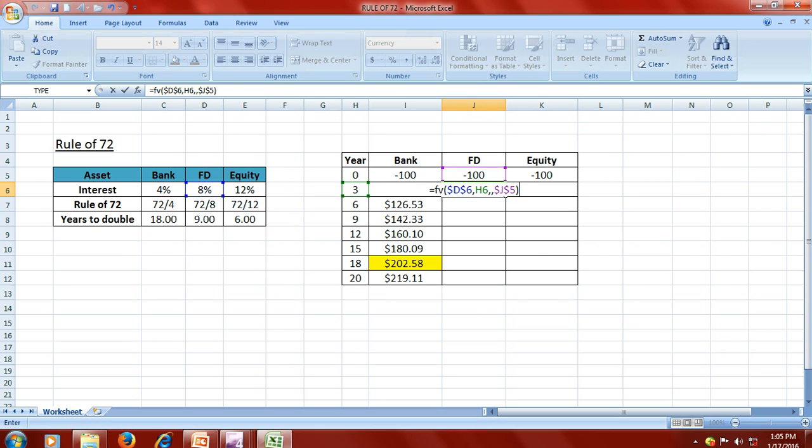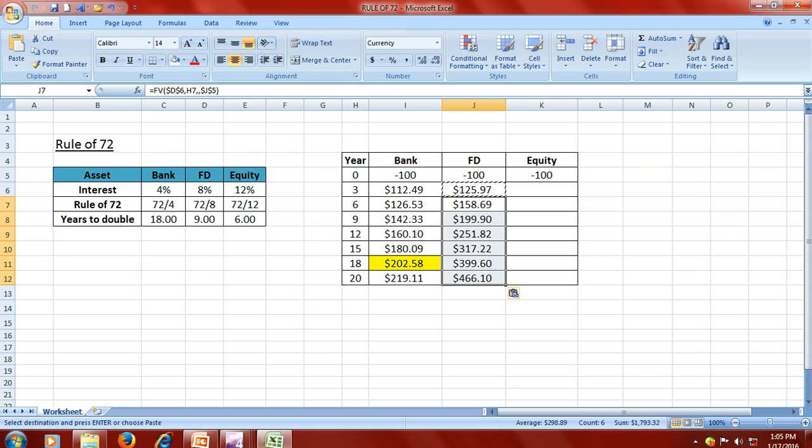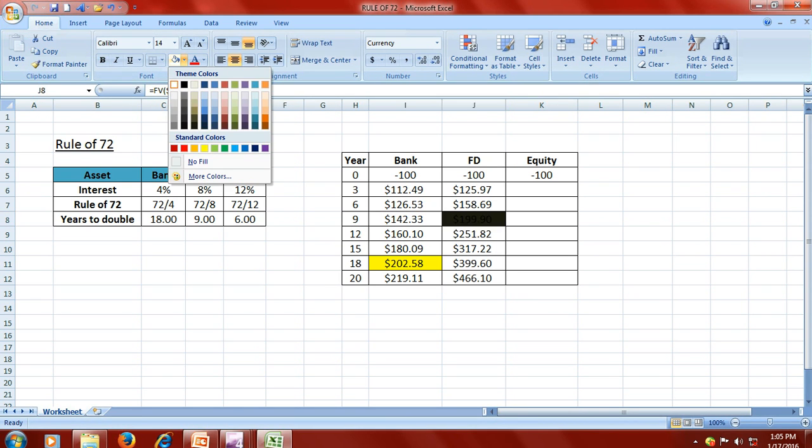Close the parenthesis. Press enter. Now you have to press Ctrl C and select the respective cells where the formula needs to be recorded. Press Ctrl V. Now it will be easy to conclude that FD is getting doubled after the 9th year. Let me highlight that in yellow.